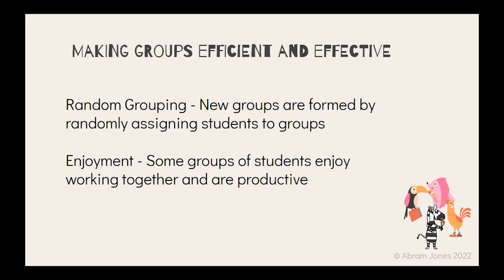Sometimes you will assign students to a group, and they would need to stand up and walk to another location to join that group, and they simply don't. So we can either really force something to happen, or we can go with it and see how that works out.